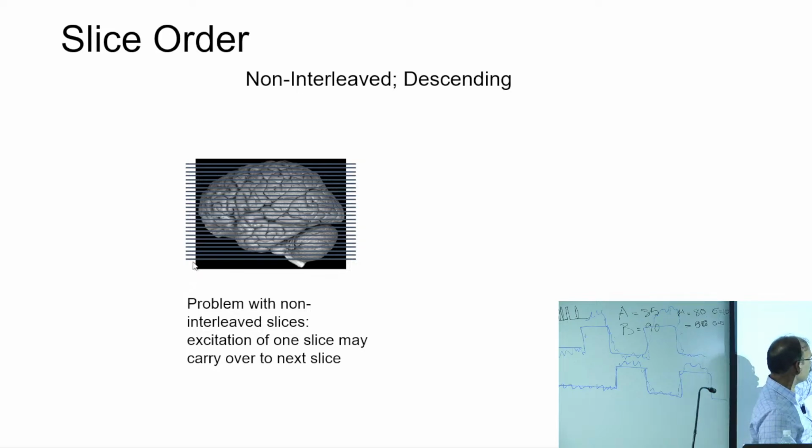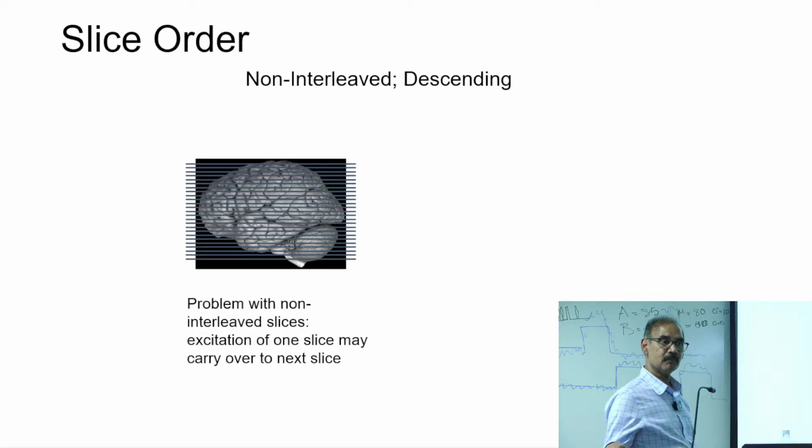So if you looked at the data on this slice versus this slice, how much difference is there going to be in time? How much? 1.8 seconds, right?